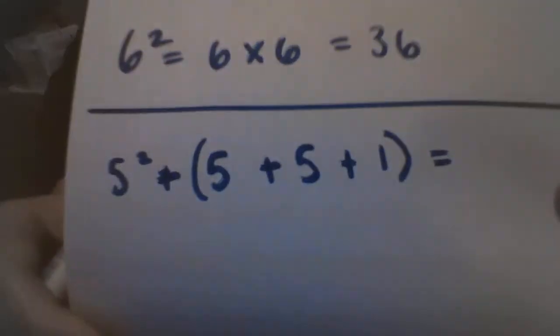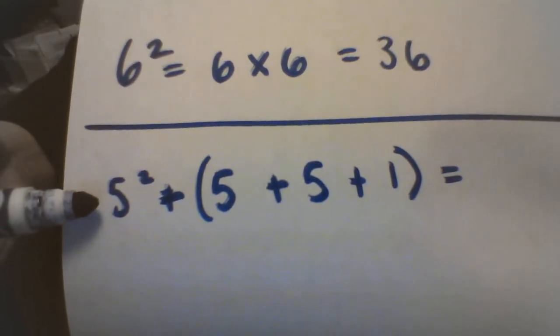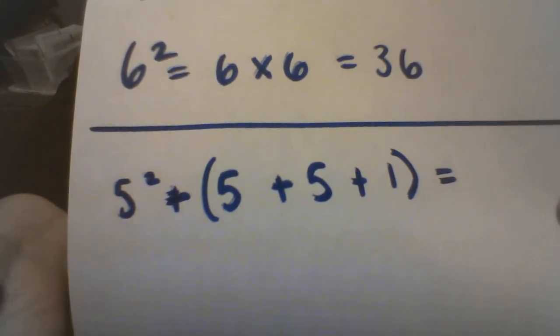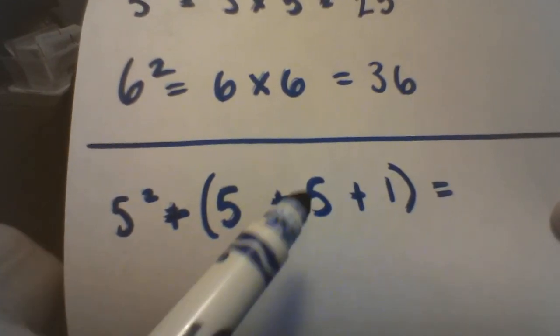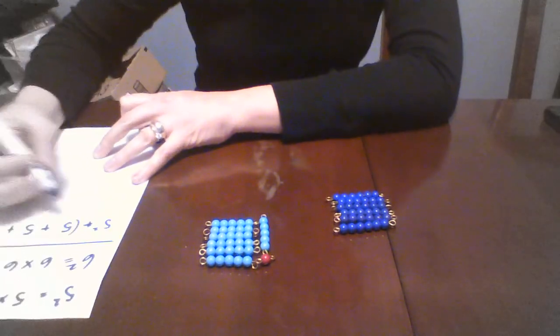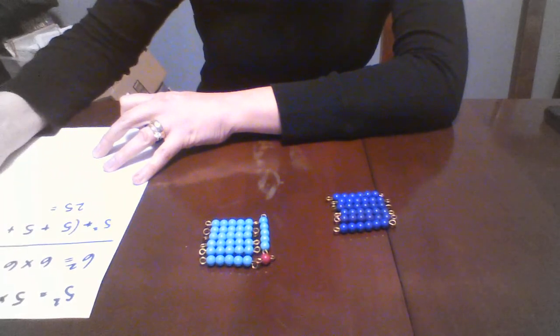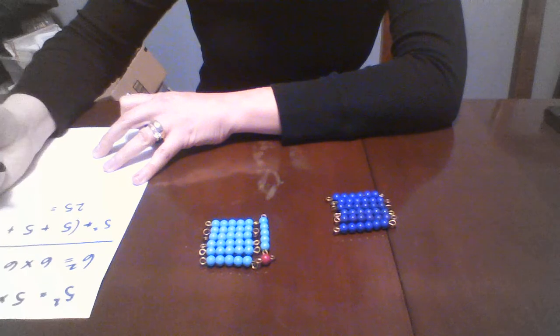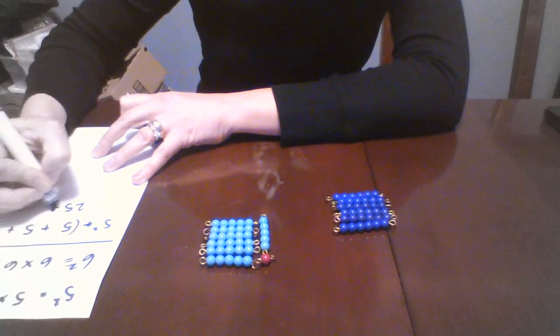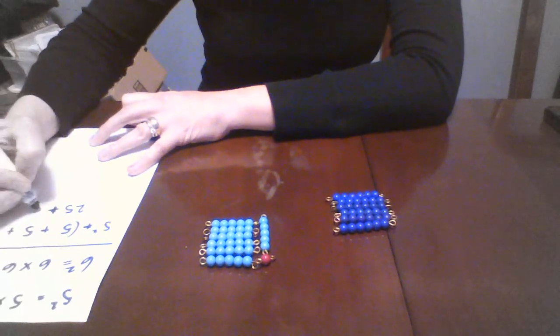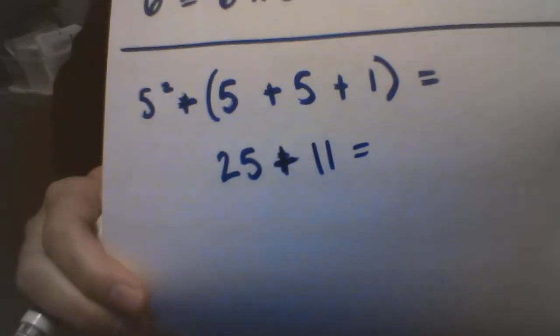Okay, so this is what you'll be writing. 5 squared, that's what we started with, and then here's what we added, plus 5 plus 5 plus 1 equals. Sorry, my plus sign is a little strange, this marker is not the best. And if I add that all together, I get 5 squared, which we already knew was 25, equals 25 plus 5 plus 5 is 10, plus 1 more is 11, so 25 plus 11.